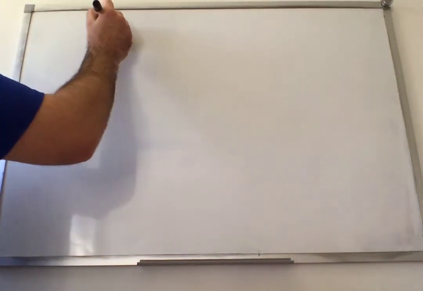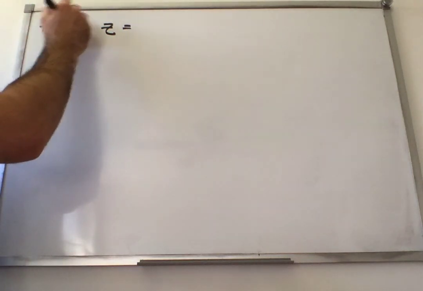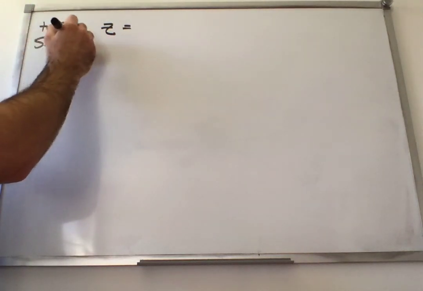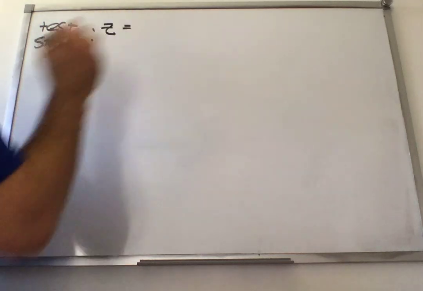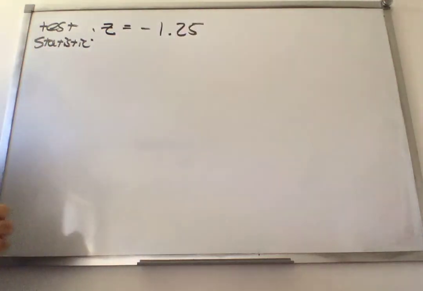Now, before we actually go through a hypothesis test in this section, one of your classmates emailed me about a particular problem from the homework. It gave you the test statistic and asked you to find the p-value. So, for instance, they would give you the test statistic, z is equal to, now the example I have is negative 1.25.